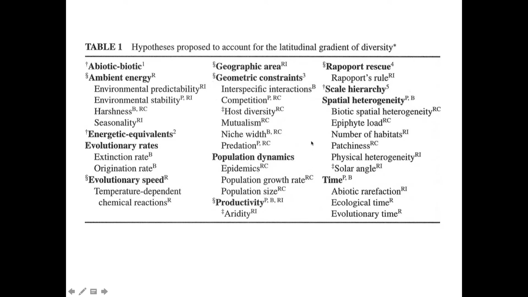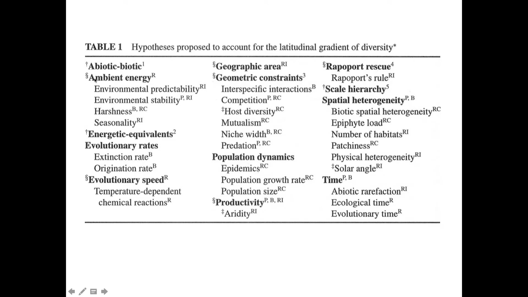There are a large number of hypotheses that have been proposed to account for this very strong pattern in global biodiversity, this latitudinal gradient. And these are some of the names of these hypotheses. These hypotheses can be grouped according to the likely explanatory mechanism, and that's how they're shown here.